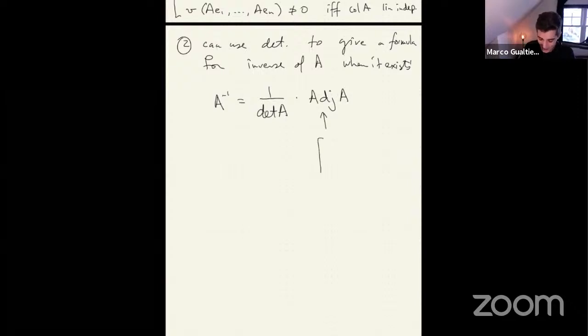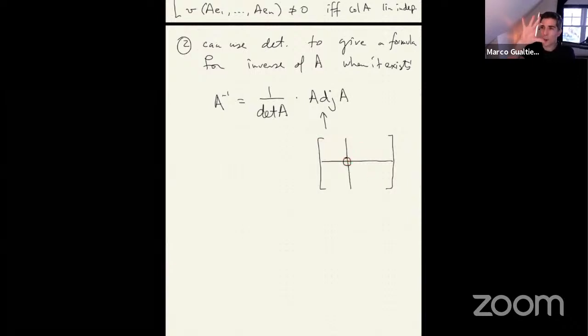This adjugate matrix, the way it works is that for every entry of A, you use the lasers to get down to a matrix of smaller size. You take the determinant of the smaller matrix and you place it in that entry.